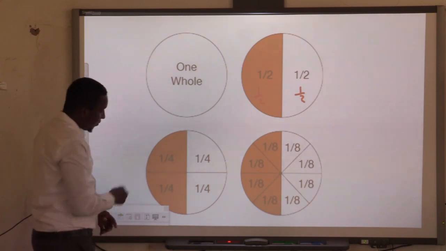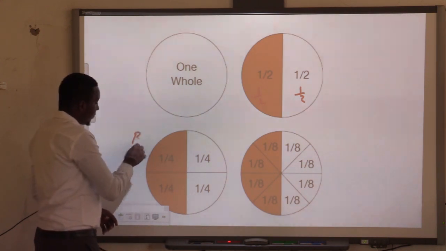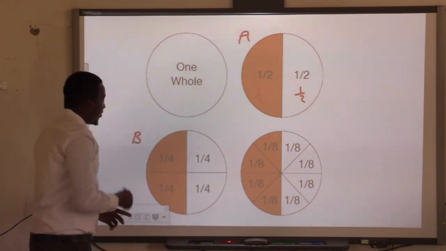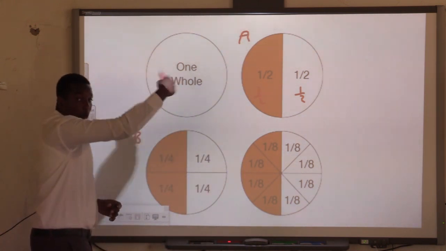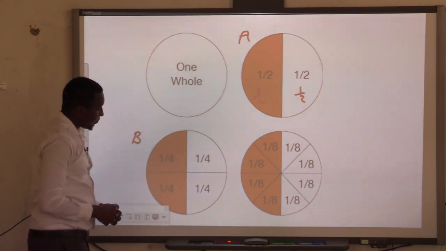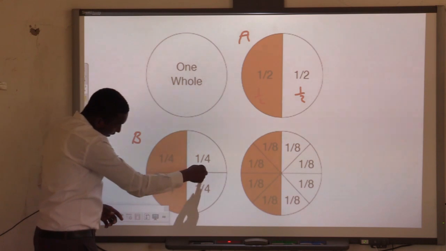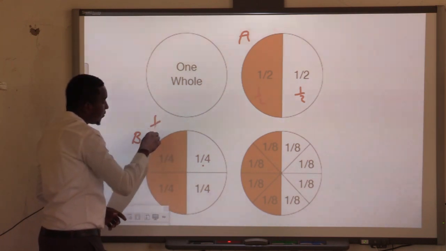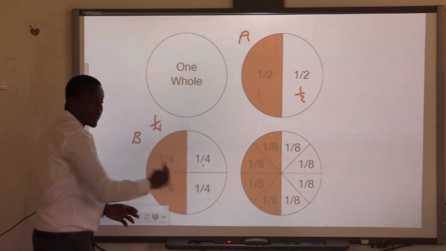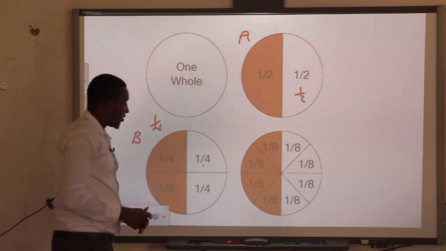The second circle, I will call it B, and the first one I would like to call A. So circle B is the same whole that is divided into 4 equal parts. So this part here is 1/4, and all the other parts are 1/4, 1/4, 1/4 respectively.